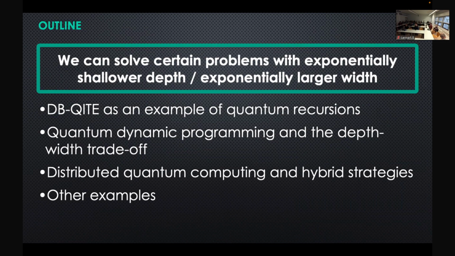We will argue why that can be nice in the context of distributed quantum computing and some hybrid strategies. Here hybrid is not classical quantum hybrid, but hybrid of the conventional approach and our approach. And we will show you some other examples.